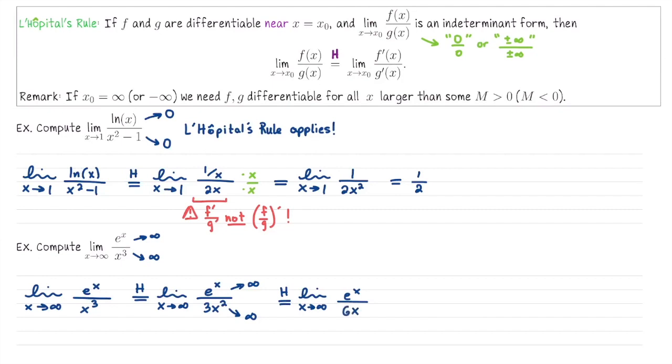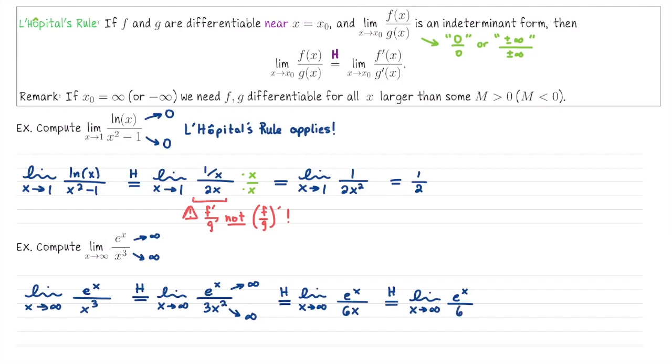If you haven't seen this before, you can probably figure out who's winning. But once again, L'Hopital's rule applies. And we're going to get the limit as x goes to infinity of e to the x divided by 6.